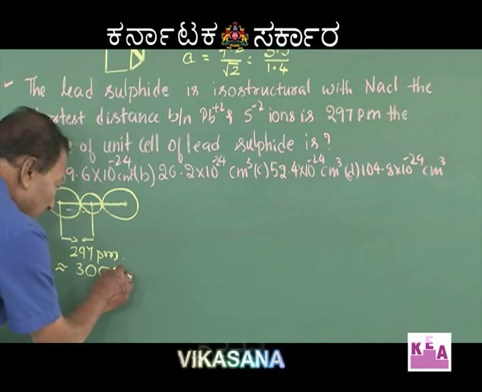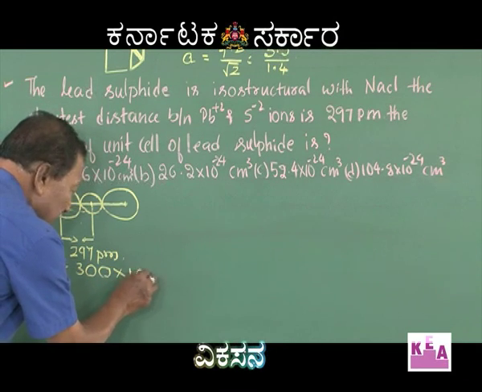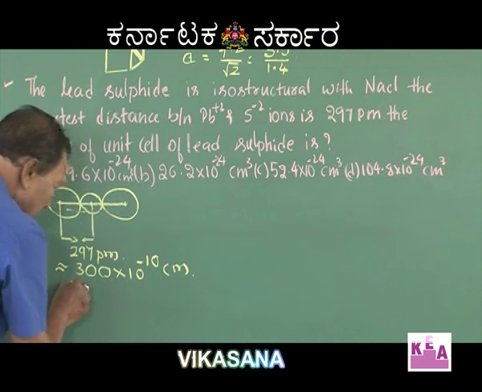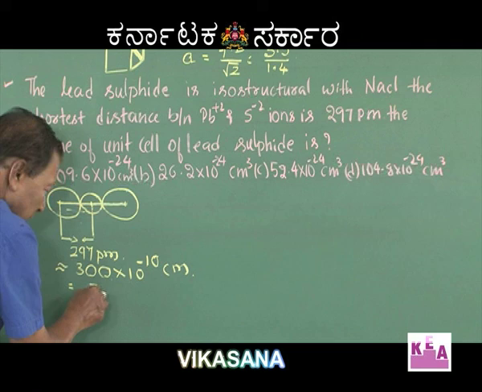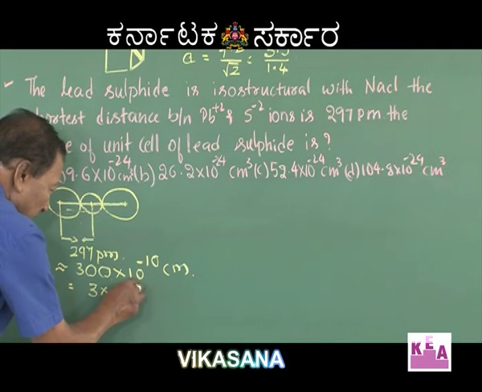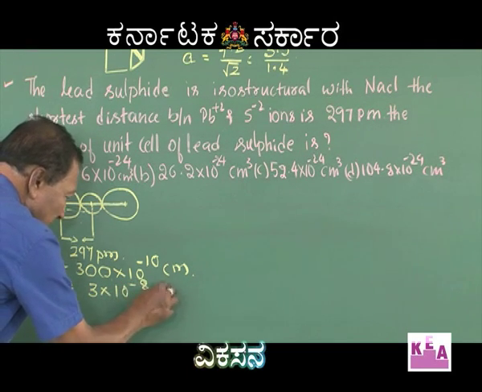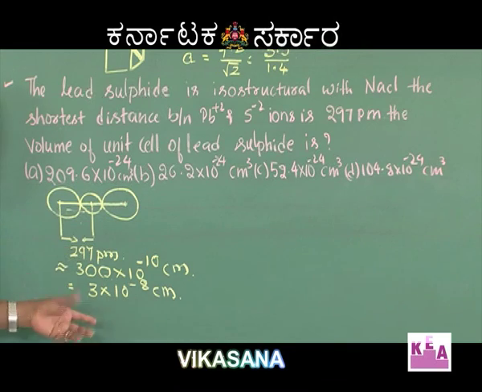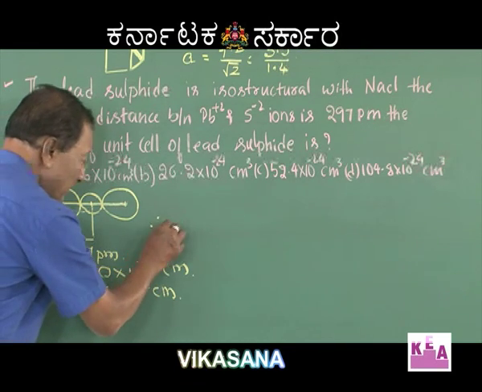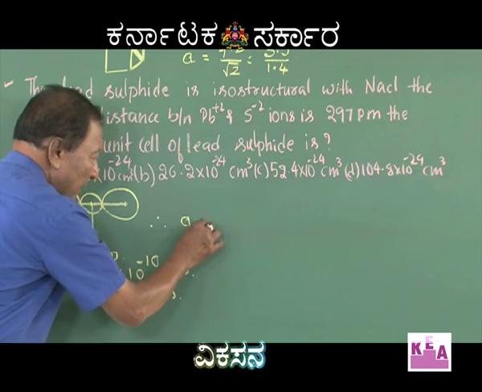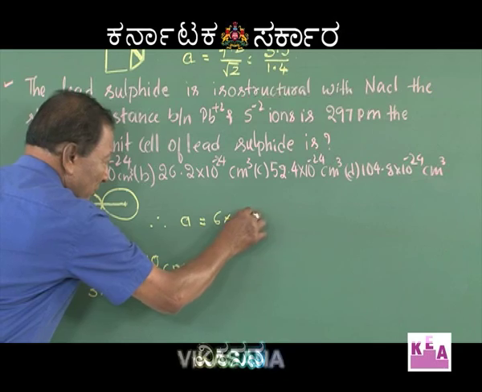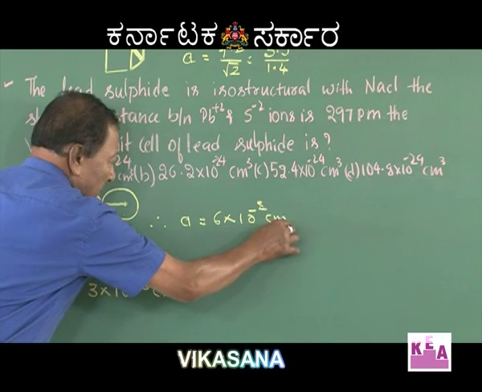Therefore, it is 300 into 10 raised to minus 10 centimeter, or I can put it as 3 into 10 raised to minus 8 centimeter. This is half. And for the entire edge, I double it. Therefore, edge A equals 6 into 10 raised to minus 8 centimeter.